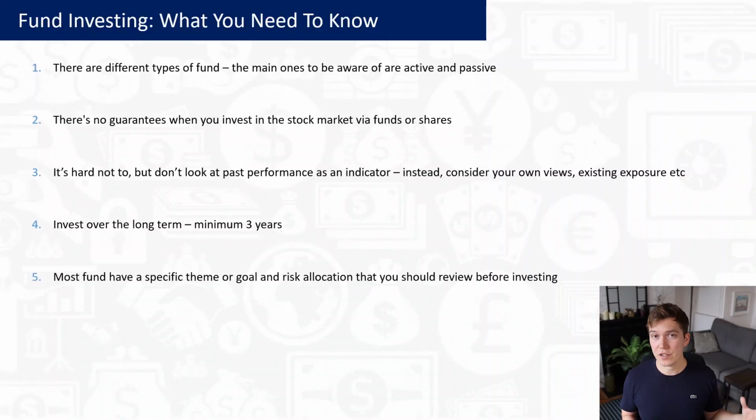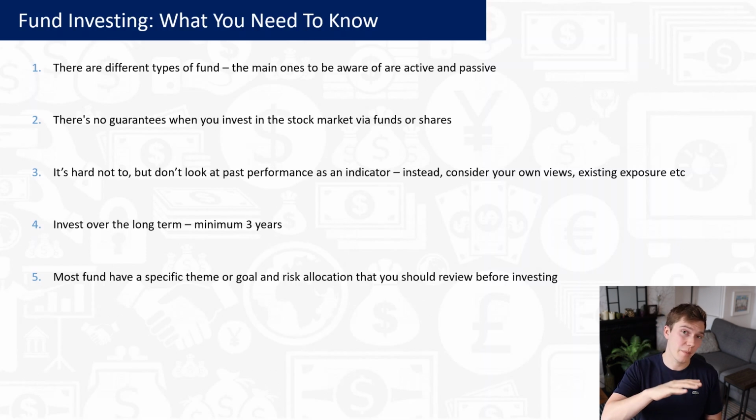Now, as I've mentioned throughout this video, each fund has its own objective or goal that it's trying to achieve. Some funds invest in certain geographies, others invest in certain industries or types of investment, so shares or bonds or property, and others just invest in a certain market, so the biggest companies in the UK or tech companies in the US, for example.